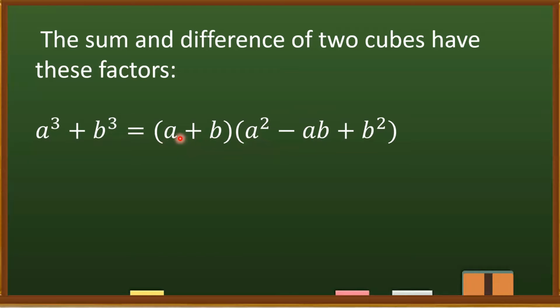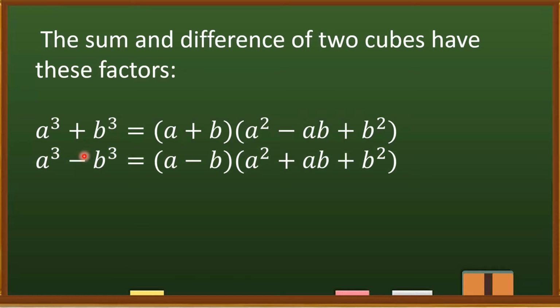And then we just have to substitute the value of a and b. At yung pangalawa naman, kapag negative yung operation natin, a cubed minus b cubed, ito naman yung magiging dalawang factors natin. Sa binomial factor, of course, negative, and then sa trinomial factor naman are all positive.